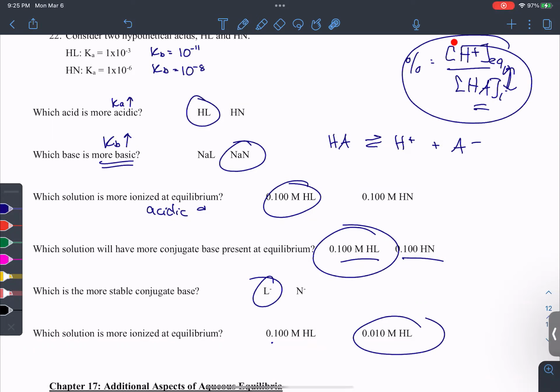If Ka increases, H plus at equilibrium increases. But another way to increase percent ionization is to decrease the denominator. If you decrease the concentration in the denominator, you get a lot of percent ionization, because small numbers in the denominator give you big numbers.